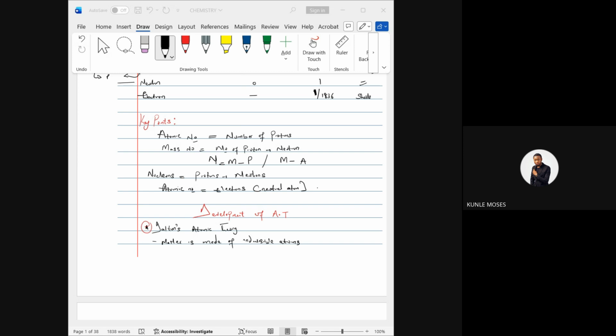Though he said matter is made up of indivisible atoms, modern theory made us understand that atoms can be divided into 3 particles: proton, neutron, and electron. So though matter is made up of atoms, atoms are not truly indivisible. They can be divided. Do we all get that concept? Am I making sense?